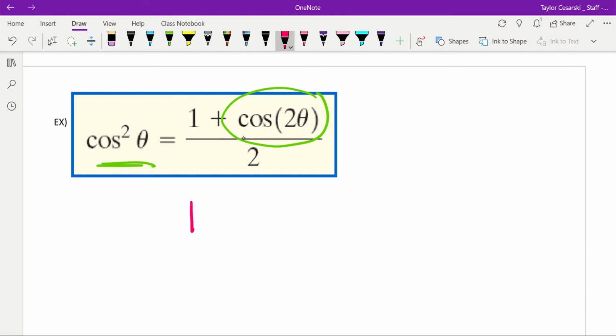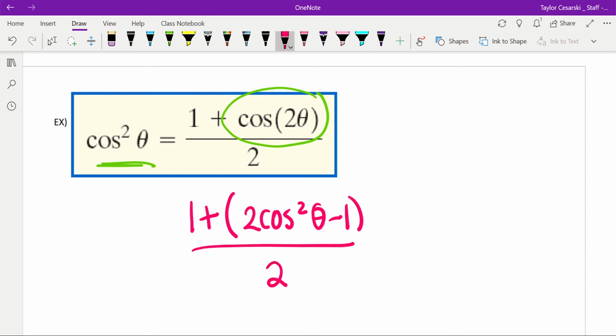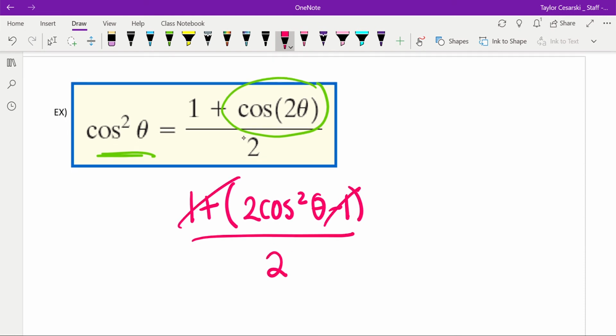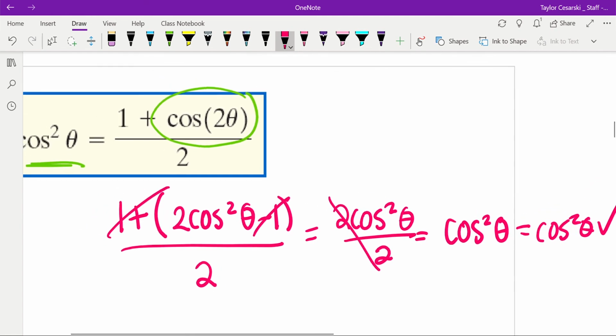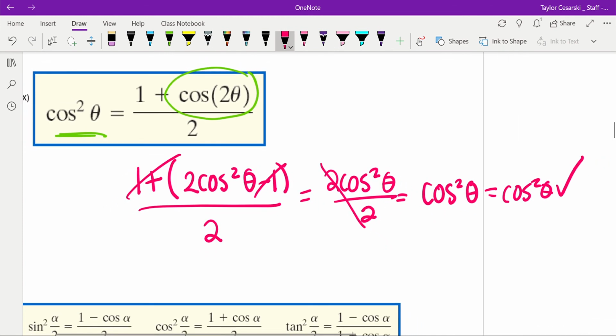So 1 plus 2 cosine squared of theta minus 1 over 2. The 1's will cancel out, and I'm left with 2 cosine squared of theta divided by 2. The 2's will cancel out, and I'm left with cosine squared of theta, which equals the same as the left side. So I'm good there. Something like that, totally fair game. Okay?